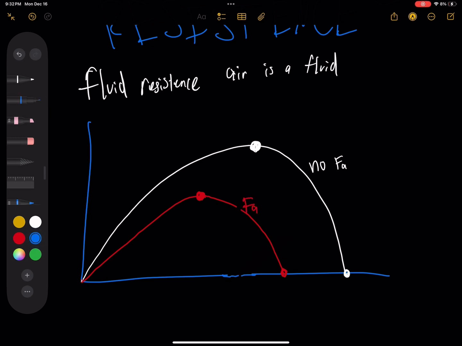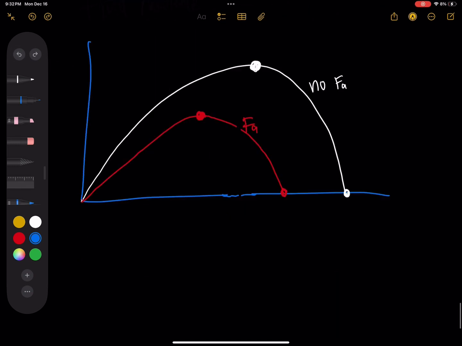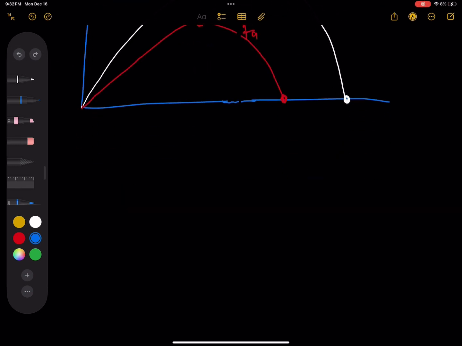Why? Because you can see that this segment right here is shorter than this segment. However, this segment is longer than this segment. Trust. So, we can make some assumptions when you have air resistance.